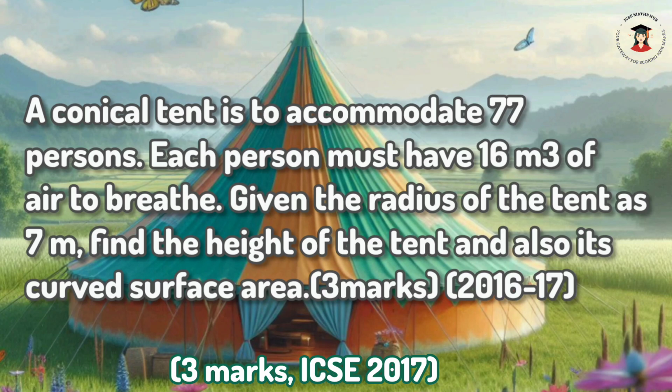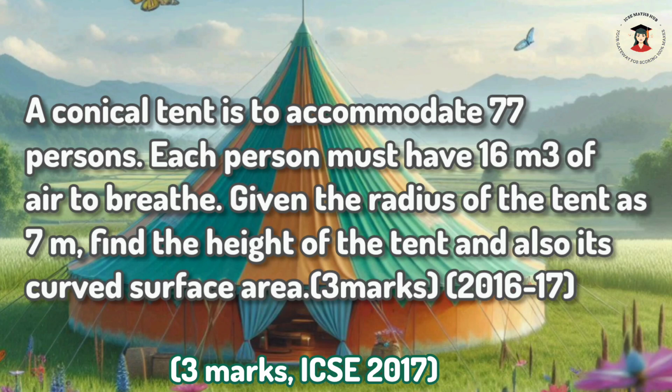In this, they have given the radius of the tent. Volume is known, that is 1 by 3 pi r square h. In that equation, they have given the radius, so we can find out the height h. The question is also asking to find the height of the tent and its curved surface area.